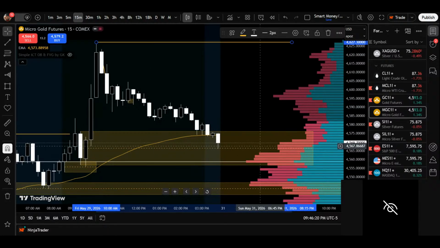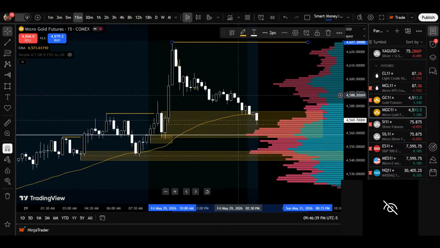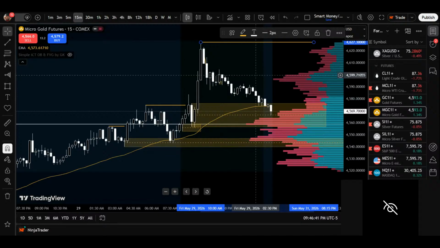And if I go from the top of this little zone right here, 76 to 27, that's about 51 points just right there. That's what I was looking at today.